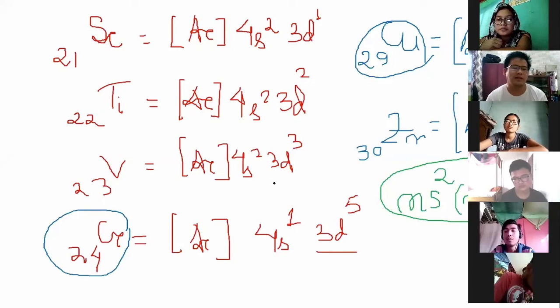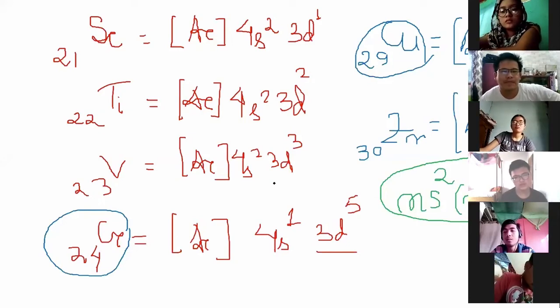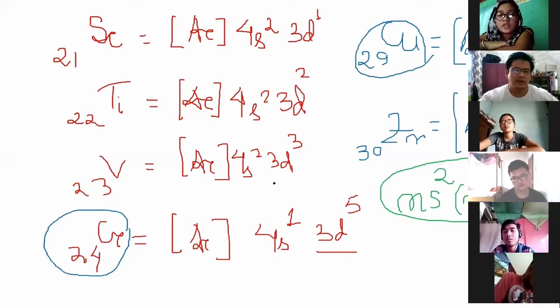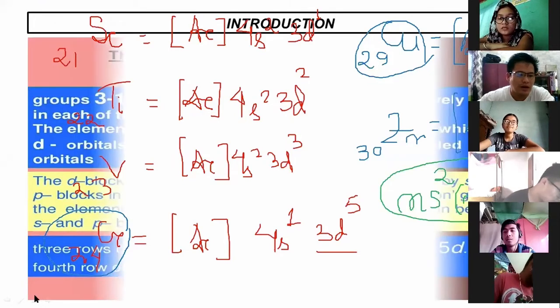Sir, ns2 (n-1)d1 to 10. So all of you try to write the electronic configuration of the entire transition series for homework, the fourth row, fifth row, and the sixth row. Then moving on to the next point. I will clear the screen.